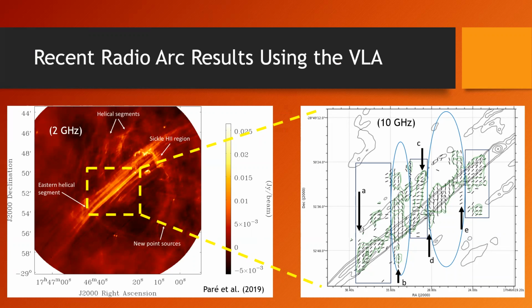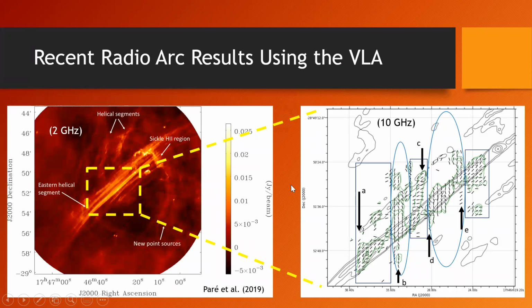And rather than the radio arc having a uniformly parallel magnetic field as seen for other NTFs in the GC, we found in this work an alternating magnetic field pattern where we had regions of parallel magnetic field as we expected, which are marked with these rectangular zones, but they were interspersed with regions of rotated magnetic field that are marked with these elliptical regions. And in this study, it was unclear what was causing these regions of rotated magnetic field.